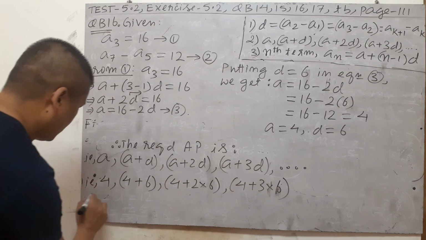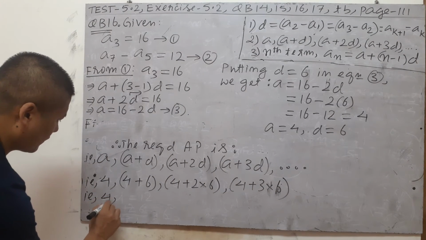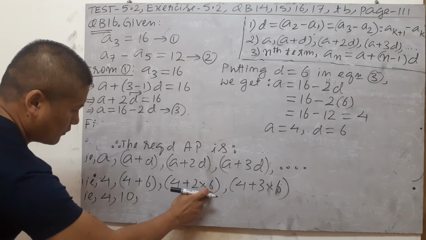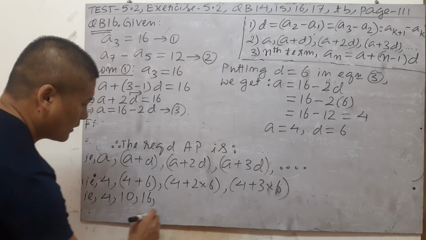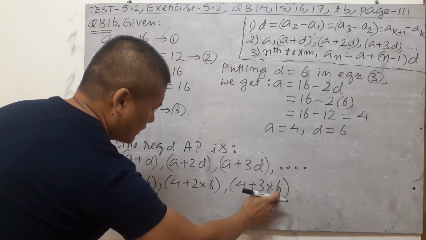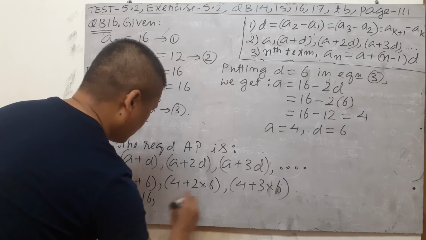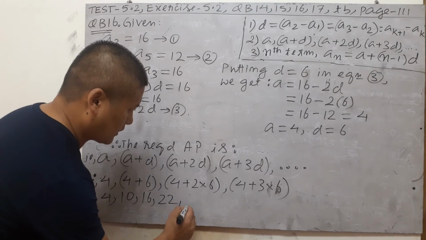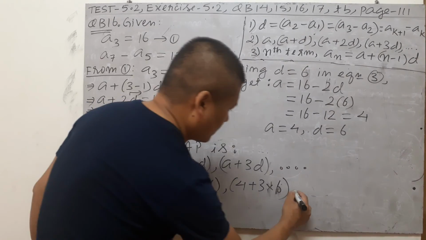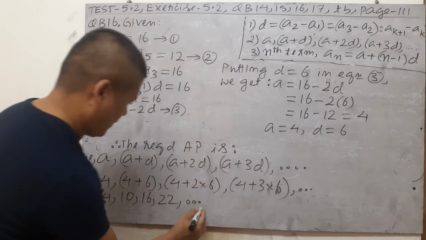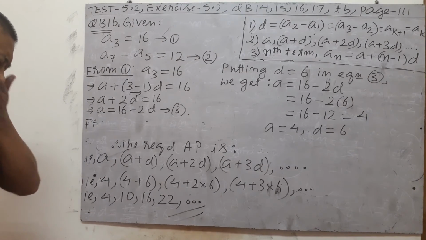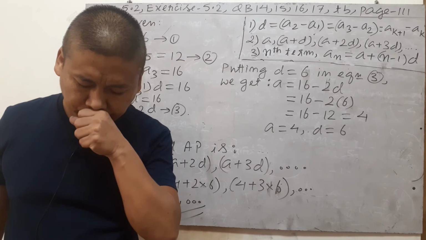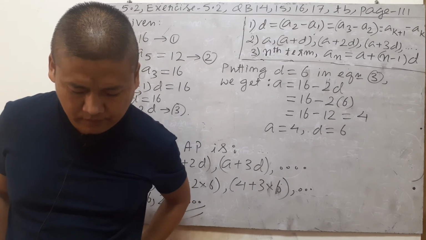So carefully we write like that, and the required AP will be 4, and then 4 plus 6 is 10, 2 sixes are 12 plus 4 is 16, 3 sixes are 18, plus 4 is 22. So 4, 10, 16, 22, etc. Here also, comma, and this is our required AP: 4, 10, 16, 22, and so on. Up to the fourth position will be enough.